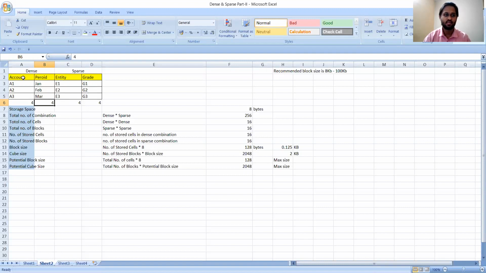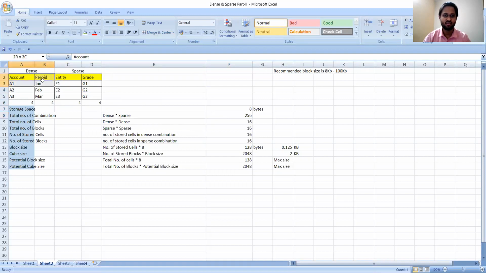But account and period are placed under dense, and entity and grade are placed under sparse dimension combinations. So basically we have a storage space which is 8 bytes, that is a default, and for the total number of combinations we take the formula dense into sparse.